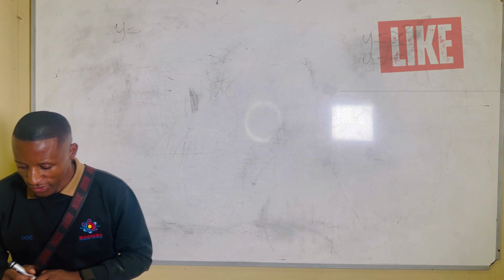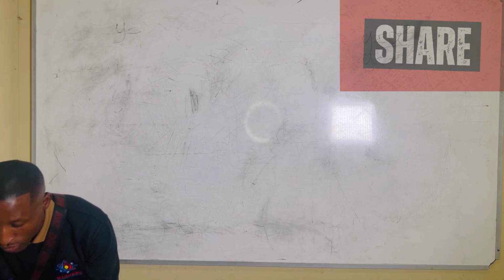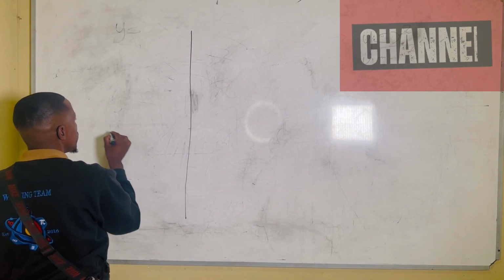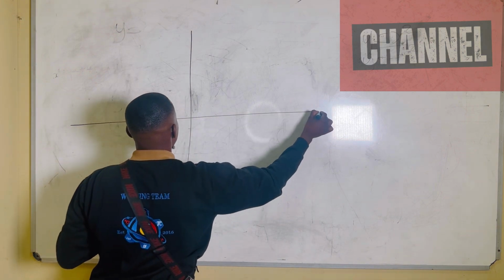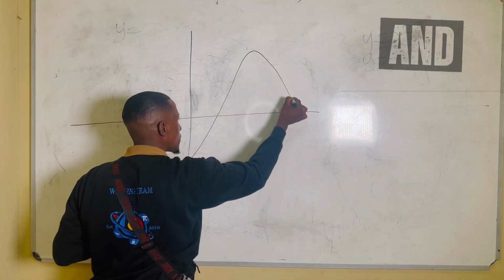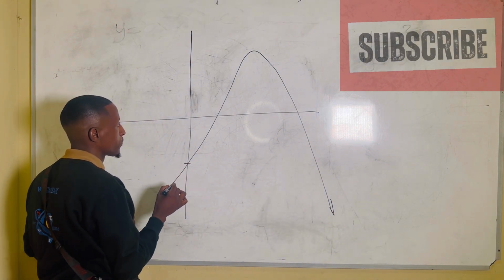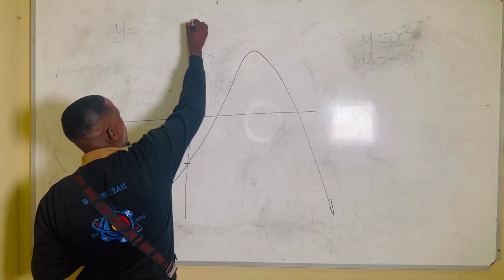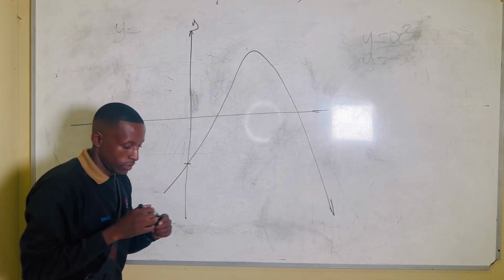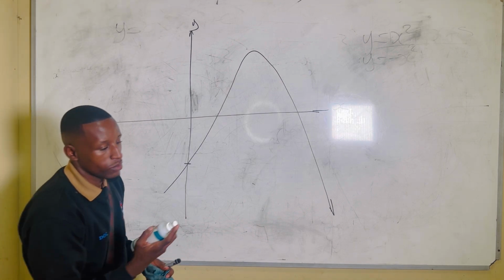So now we are moving to the part where you need to find the equation of a given graph. Equation of a given graph. So in this situation, we are having something like this. This is the y, this one is the x.